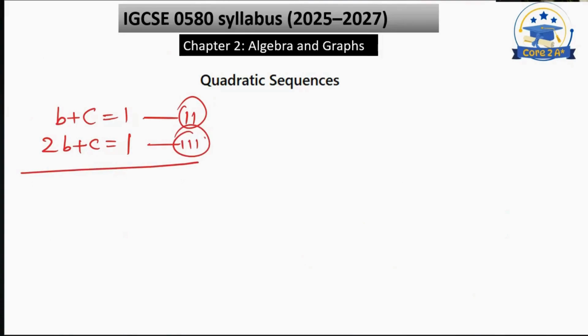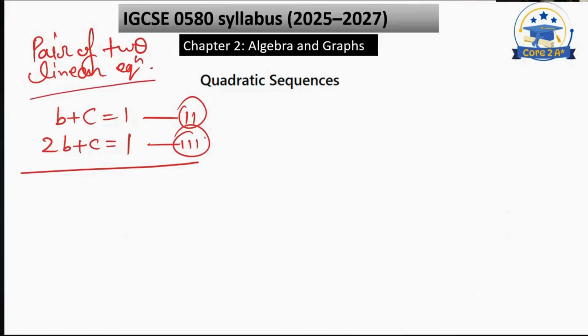Right? How do we solve? These are a pair of two linear equations. Suppose here B and C are variables, right? Now subtract, C cancels, B minus 2B is equal to minus B, 1 minus 1 equals 0.